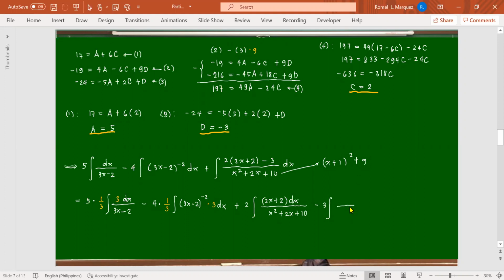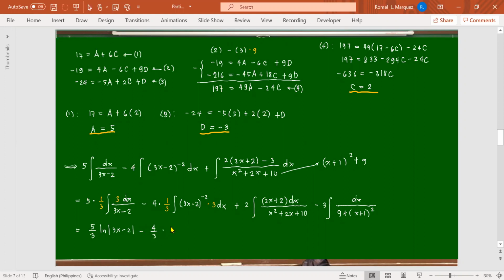So getting dx over 9 plus x plus 1 quantity squared. So everything now is okay. So this is 5 over 3 du over u. So the integral is ln of the absolute value of 3x minus 2, minus 4/3.